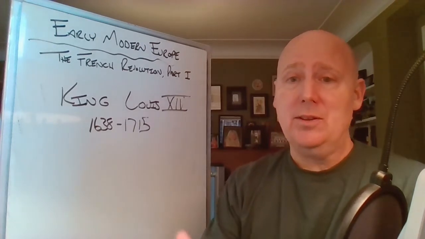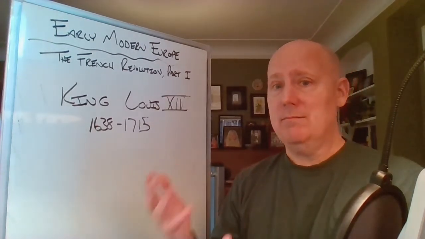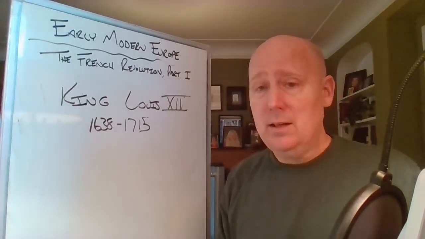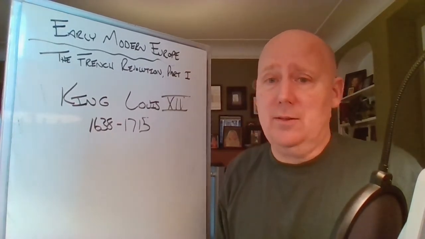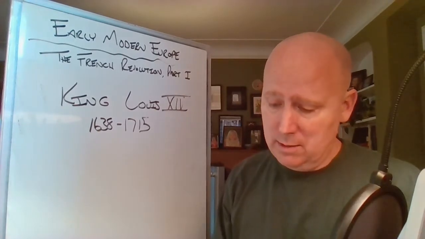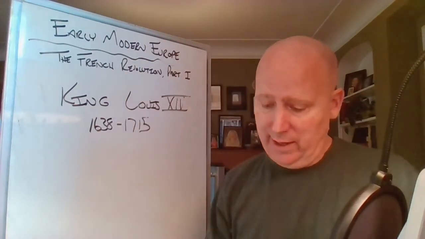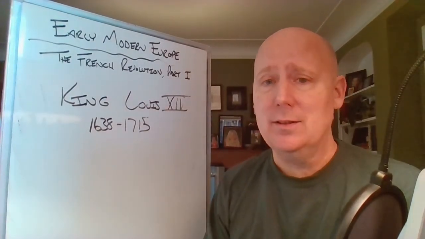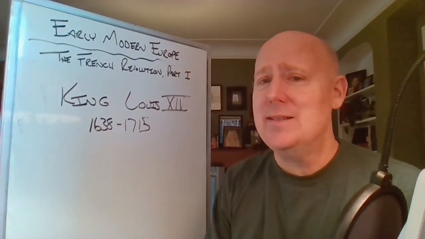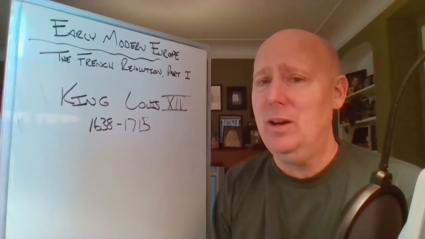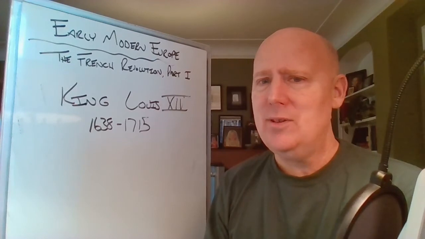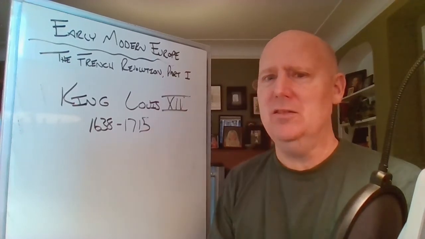Now, some other things that were going along in this, and not everything that he did was bad. I mean, he was a patron of the arts. He supported writers like Racine and Molière. He put up monuments and grand architecture everywhere. He beautified France. It's an interesting thing because that's what Augustus did at the beginning of the Roman Empire. He completely transformed it into this thing of beauty.